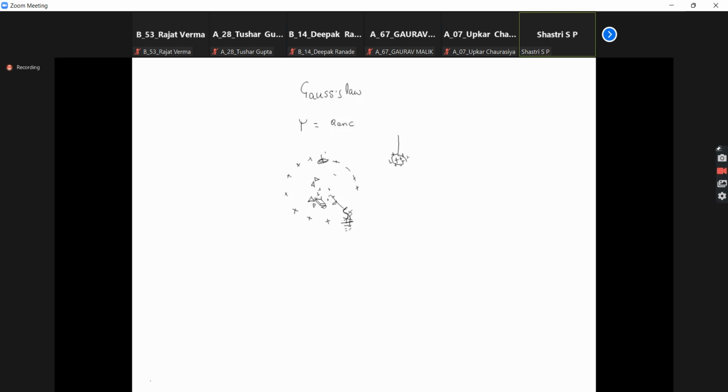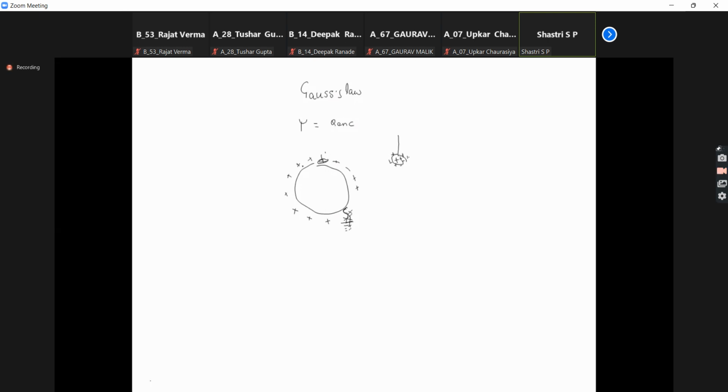There is no charge inside, and this sphere is still there, like this.